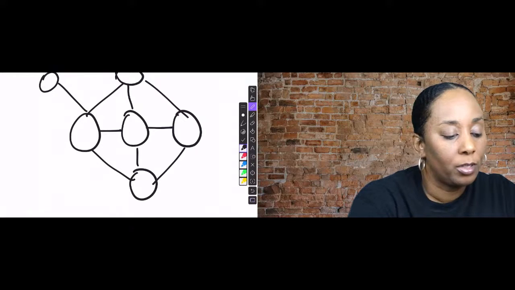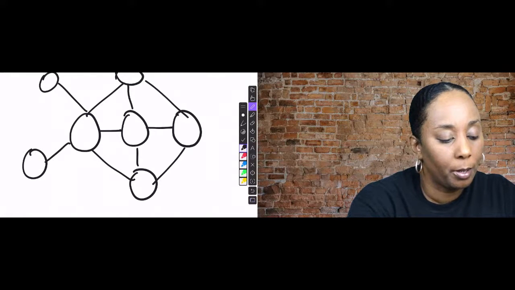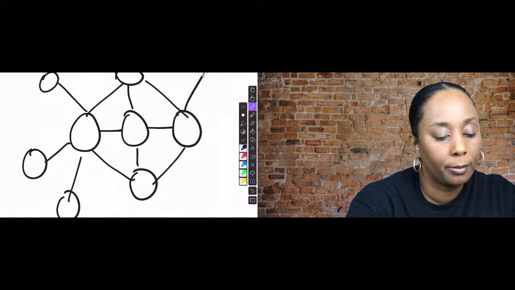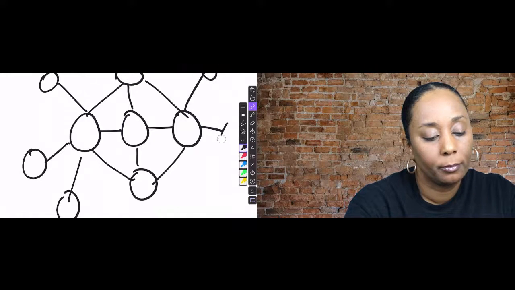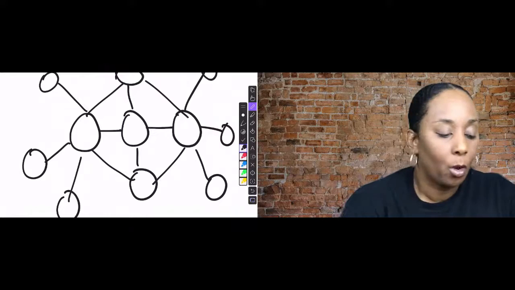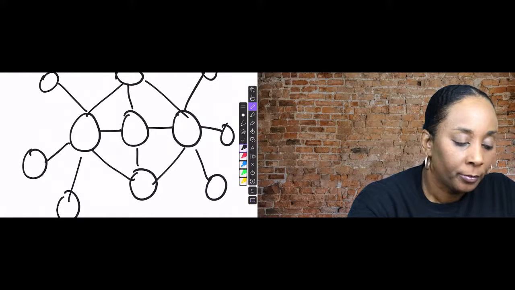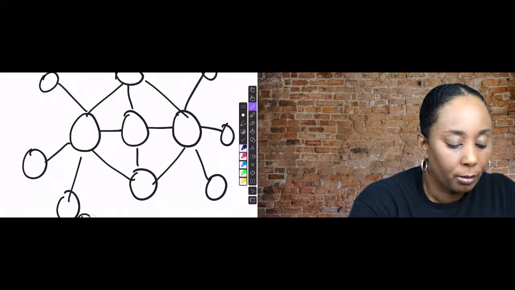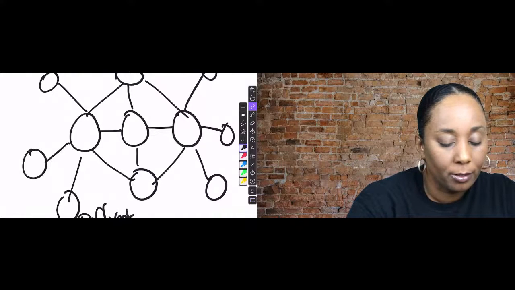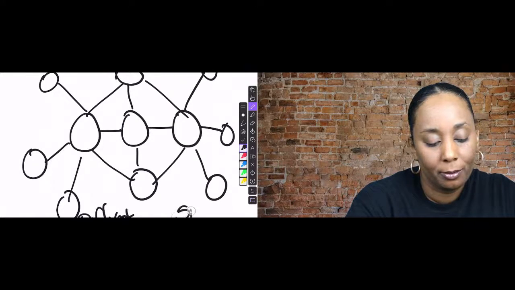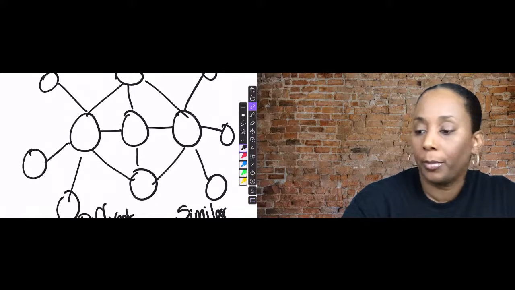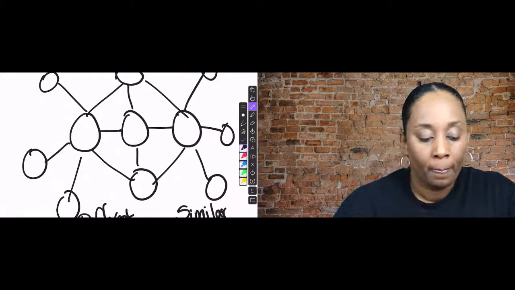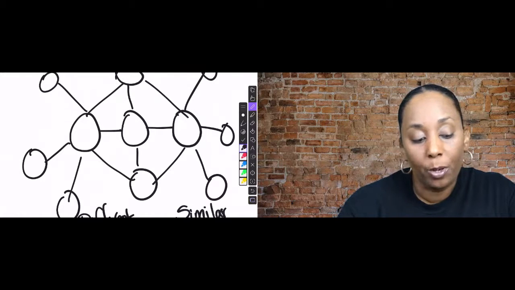So this is what that double bubble map looks like. We will put differences, and sorry, my hand's sloppy, similar. And that's how we would work that.